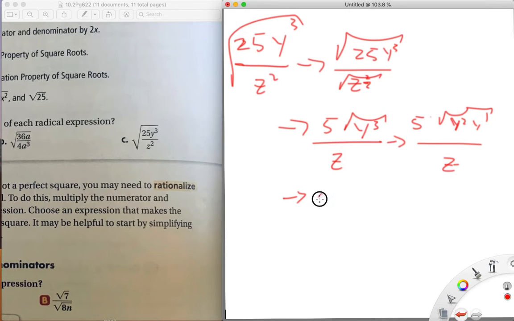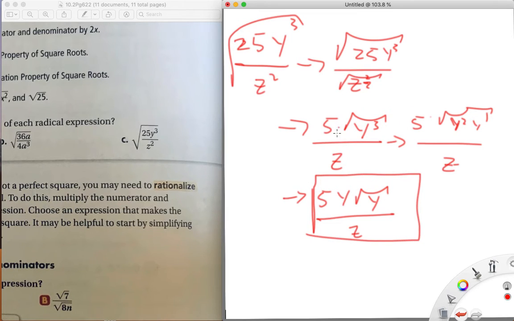And say 5y times the square root of y over z. And honestly, I would be okay with this as well. Either one of those two I take. Okay.